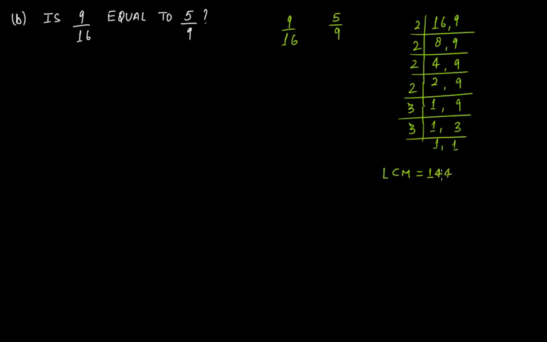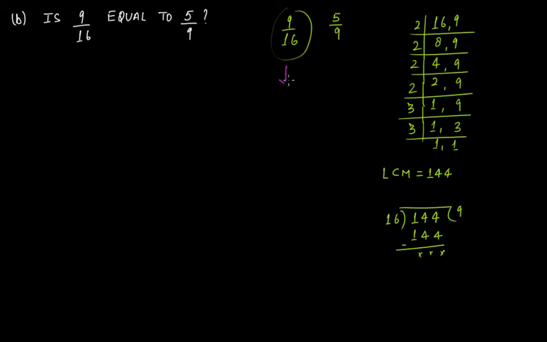Okay. Now, if I divide 144 by 16, then you'll get here 9, and this will be 144. So, if I multiply 16 by 9, then I'll get an equivalent fraction having denominator as 144, that is the LCM.